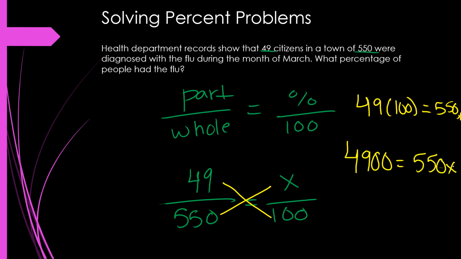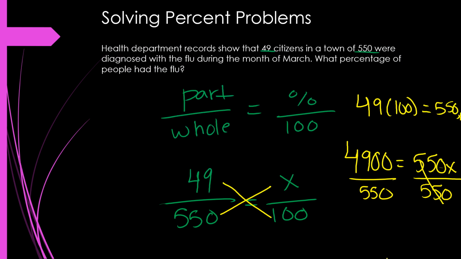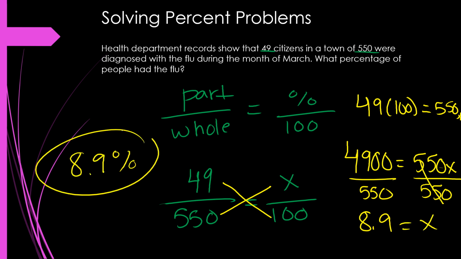To get x by itself, to undo this multiplication, I need to do division. I'm trying to get rid of that 550, so I'm going to divide by 550. This will cancel, and then I'm going to bring over my calculator to do this division. So 4,900 divided by 550 tells me 8.9. So 8.9 is equal to x, which means approximately 8.9% of people had the flu in March.